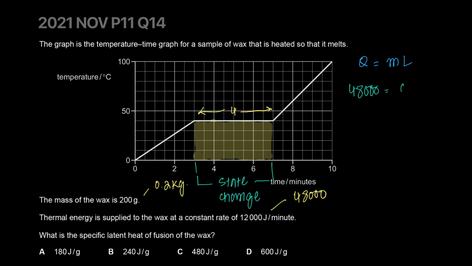The mass was 0.2, we converted that, latent heat of fusion, and we'll get 240 as our answer. Actually, it's easier because it's joules per gram, so it's easier if we don't convert into kilograms, because we want our answer in that unit. Sometimes it's nicer to look at the units they're asking for before you start solving. So let's correct it with a different color, 200, and you should get 240.